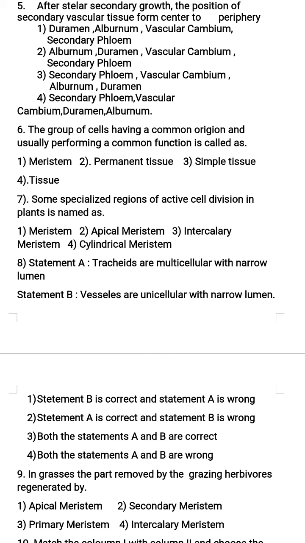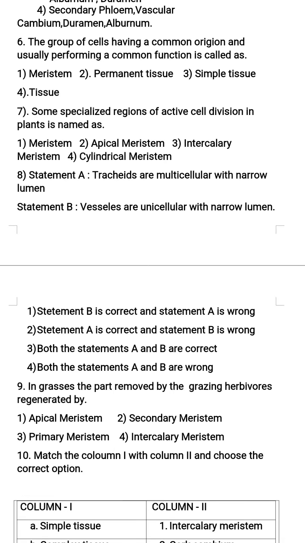So tissues are classified again into two main groups, namely meristematic tissues and permanent tissues, based on whether the cells are capable of dividing or not. Generally these perform the same functions and originate from the same location. So that's why that is called a tissue. Is it clear? So now students, let's move to the seventh question.